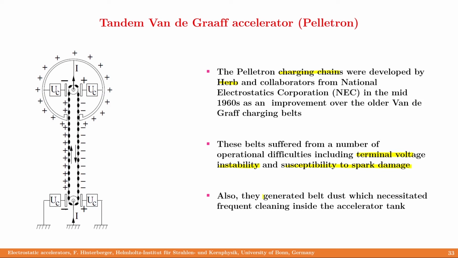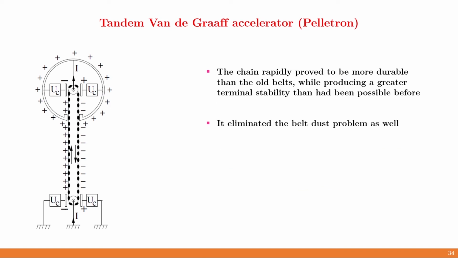Also, they generated belt dust, which necessitated frequent cleaning inside the accelerator tank. The chain rapidly proved to be more durable than the old belts, while producing a greater terminal stability than had been possible before. And it also eliminated the belt dust problem as well.